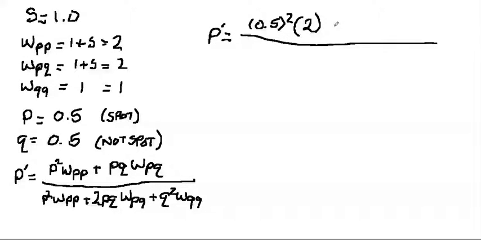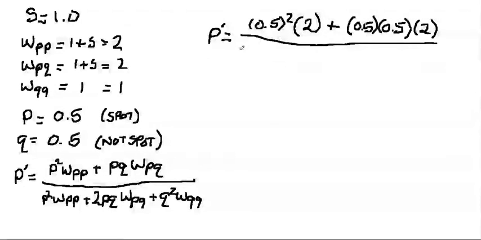To that, we add our PQ, which is 0.5 times 0.5, and then we multiply all of that times 2. That was our frequency of the P allele, the frequency of the Q allele, and the fitness of the heterozygotes.